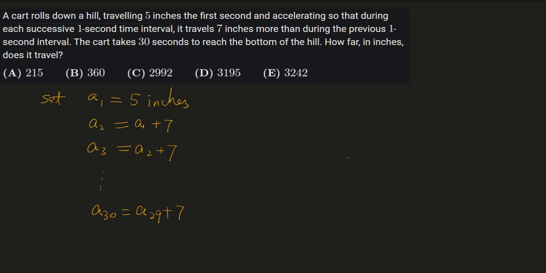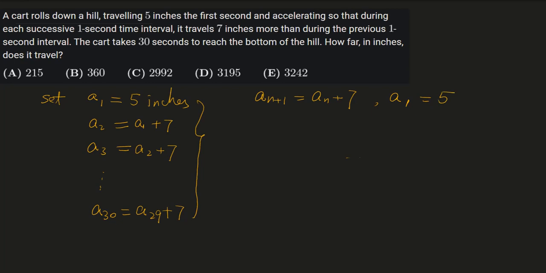Then what do you find from such expressions? This is obviously a series with arithmetic progression. Or in other words, we know that a(n+1) equals an plus 7, and we know that a1 equals 5.